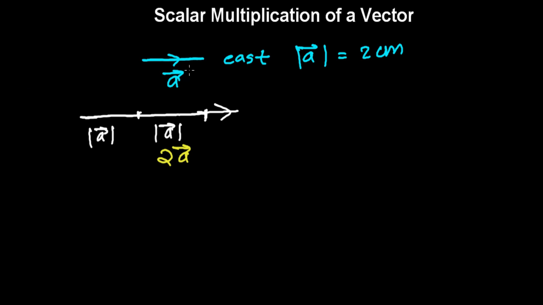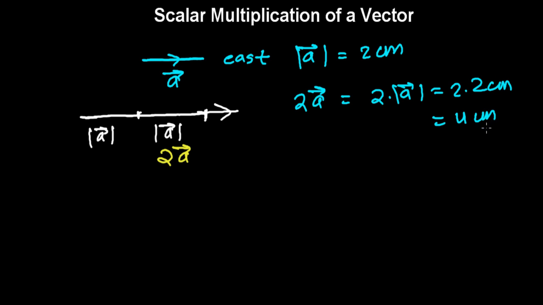Whenever you are multiplying any vector quantity by a number or by a scalar quantity, the magnitude gets changed. Here we have 2 centimeter, so twice of vector A will definitely have twice the magnitude of A, which is 2 times 2 centimeter, that is 4 centimeter. So the magnitude of twice of vector A will be 4 centimeter.